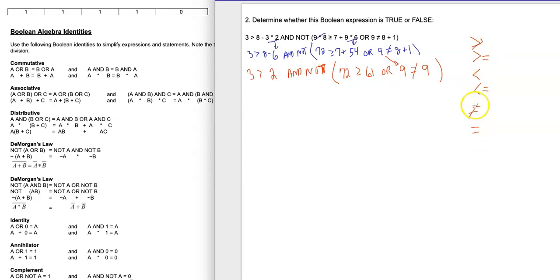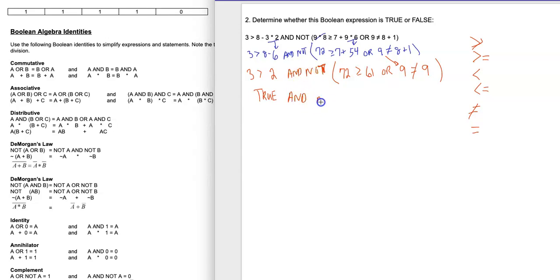These are all tied, and they would evaluate from left to right. So 3 greater than 2. In the world of Boolean algebra, 3 greater than 2 simplifies to, you can either think of it as the word true, or the number 1, or just the T. I'm going to write out the word true to make this very clear and easy to follow.